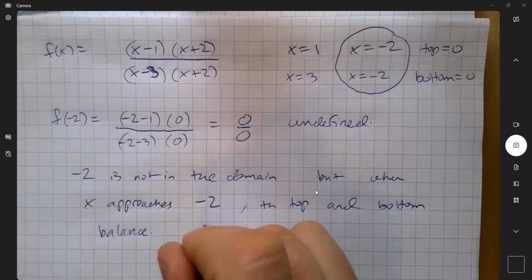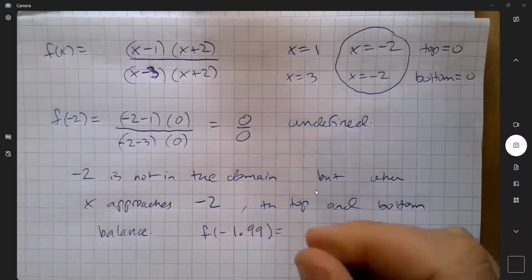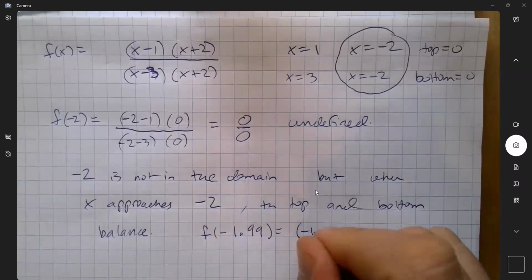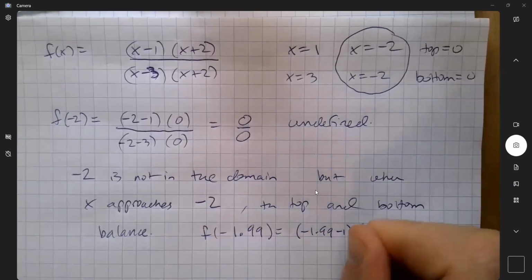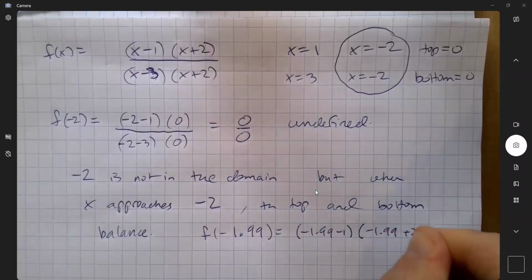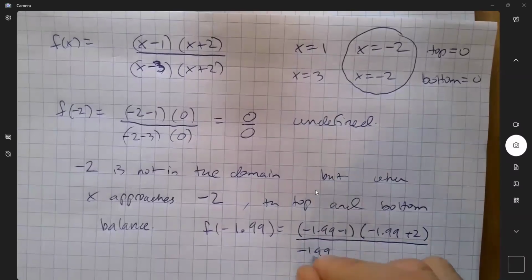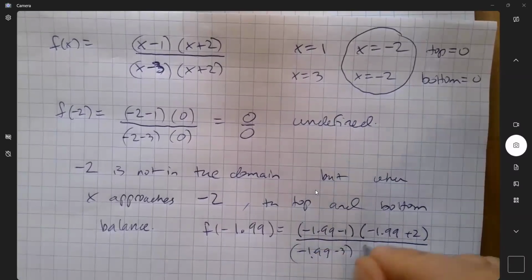If I try f of -1.99, that's going to be -1.99 minus 1 times -1.99 plus 2 over -1.99 minus 3 times -1.99 plus 2.